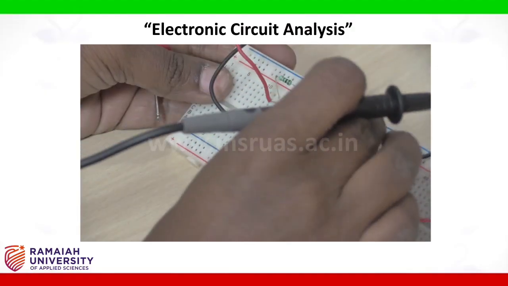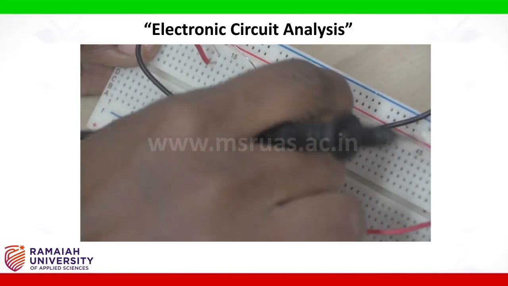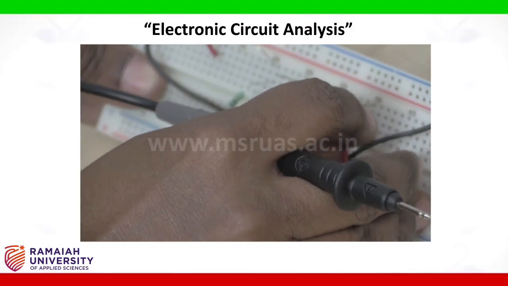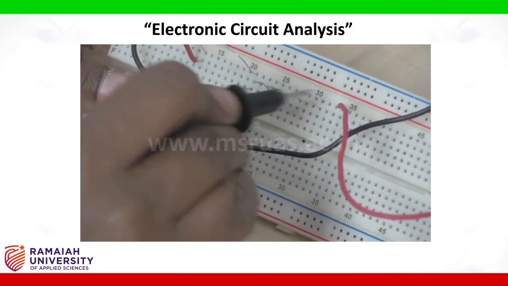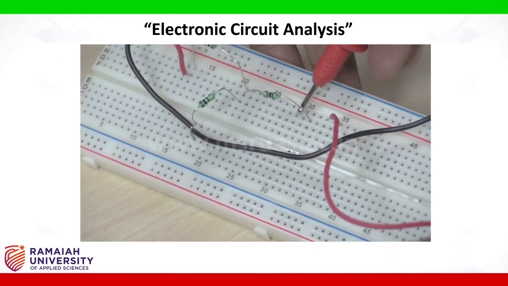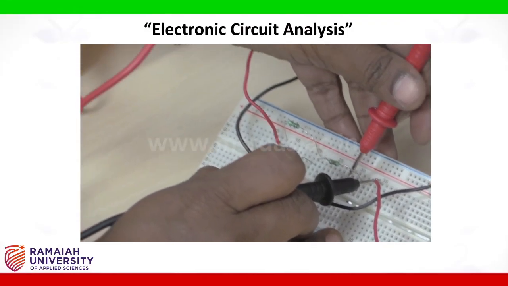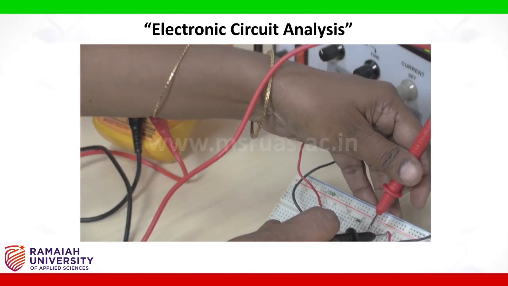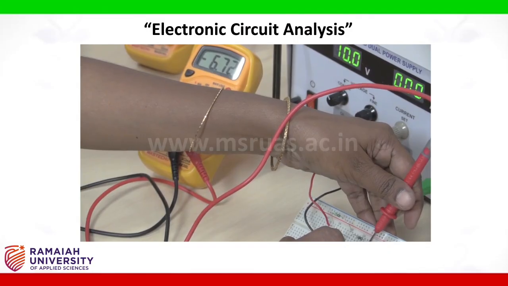Same way, put source to positive leg in a nearby node. Measure current in this resistor. The ammeter shows you 6.72 milliamps.